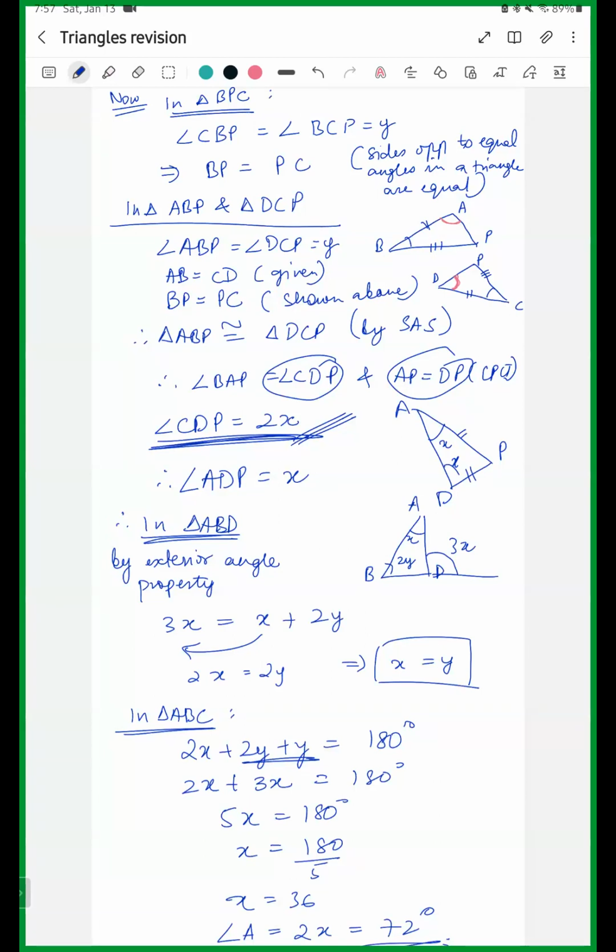Okay, so which chapter do you want to revise next? Yes. Students, which chapter do you want to revise next?